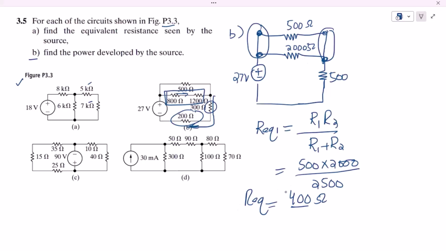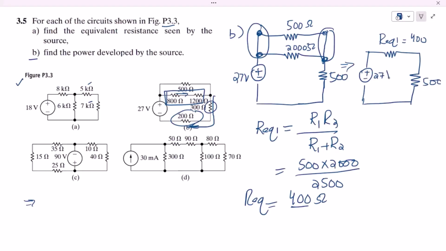Okay, so this is the R equivalent, and if we simplify it further, it will be this, and these are now simplified. This is now R equivalent 1, and the value of it is 400. This is now 500, and this is the simplified circuit, 27 volts.